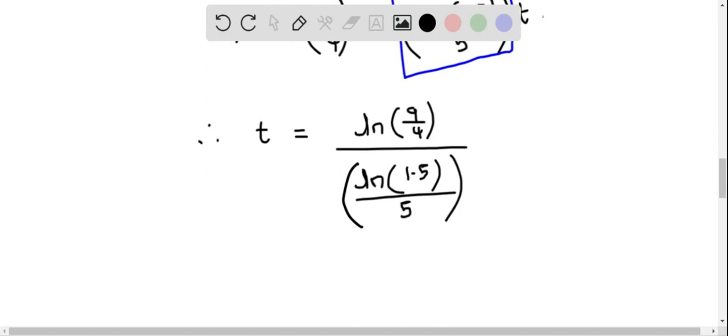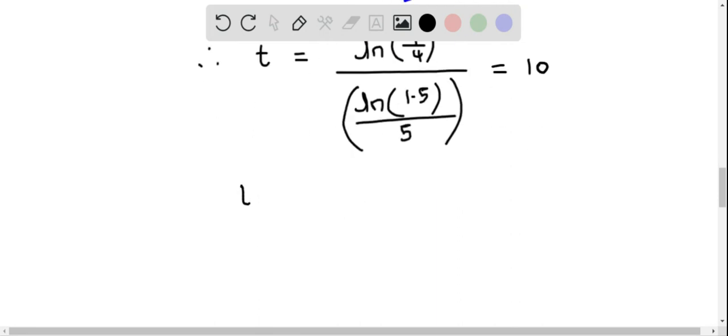We can put this expression into the calculator, and when we do that, we get the value of t exactly equal to 10. So t equals 10, and this means it takes 10 years.